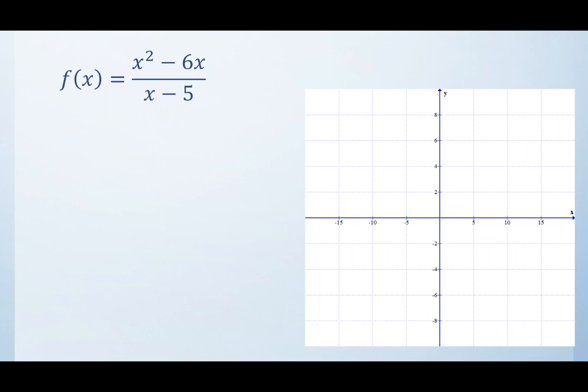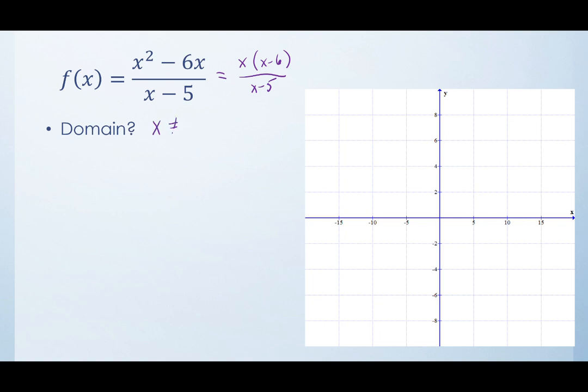All right, so here we have yet another rational function, and we're going to go through the same steps as before. We're going to notice right away, though, that we can factor out an x in the numerator, right? So that might help us a little bit. We're going to say, what's our domain? Well, the only thing we're going to worry about there is the denominator.